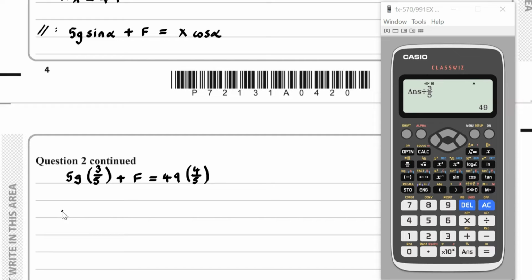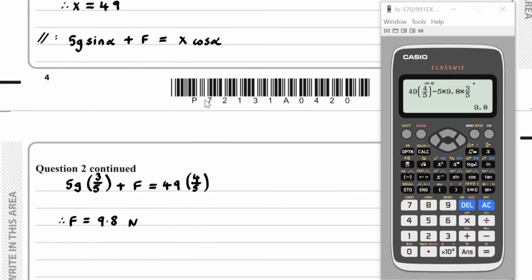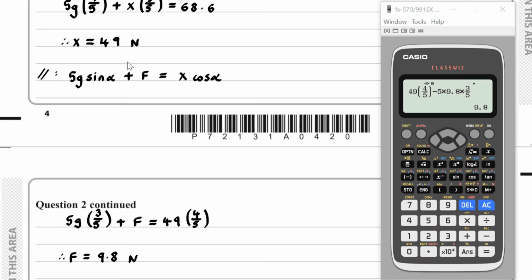And from this we can find out what f is. We have 49 multiplied by 4/5, subtract 5 times 9.8 times 3/5, so it turns out f is equal to 9.8, and of course we have newtons.